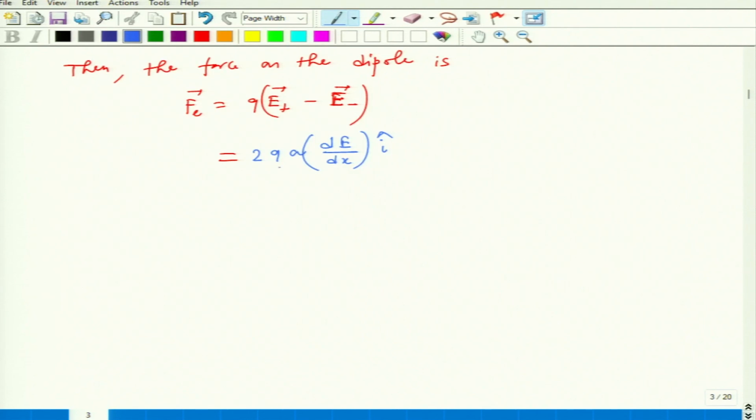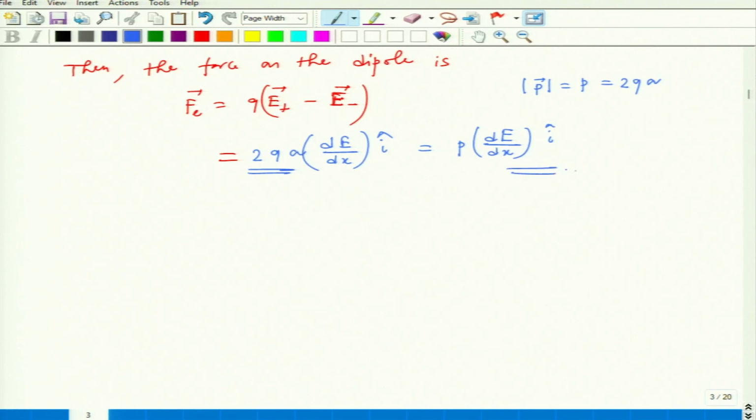And if we write in terms of the dipole moment, the magnitude P is 2qa, the charge times the distance between the charges. Therefore the force becomes P times dE/dx, in the direction i cap.